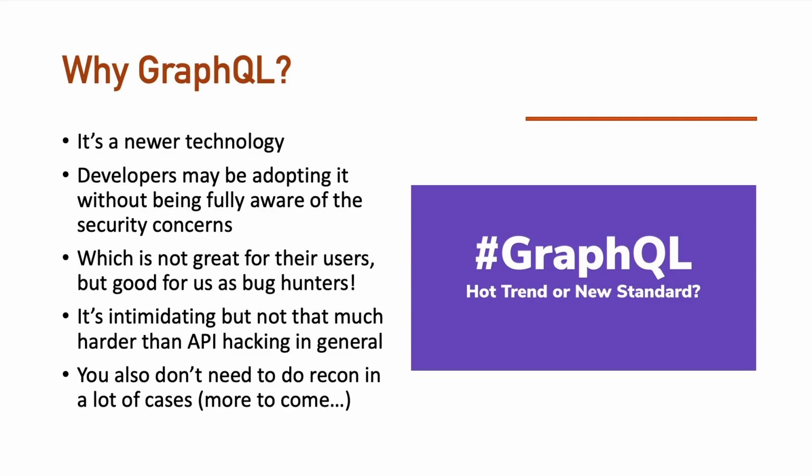Like I said, it's intimidating. It looks scary, it looks really difficult, but actually it's not as hard as it looks. Once you understand the syntax and practice a little bit, you'll find that it may even be easier to hack than a traditional API.